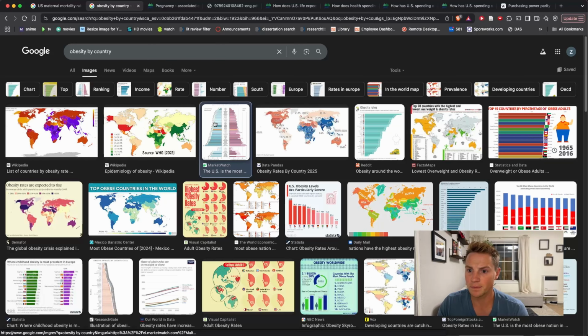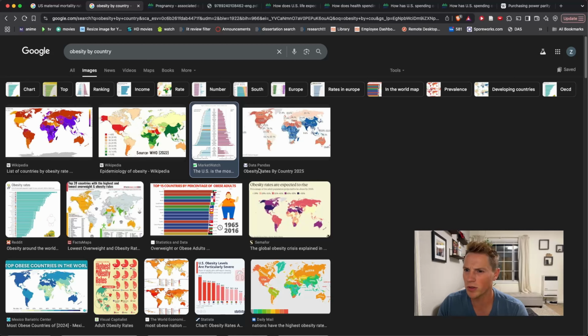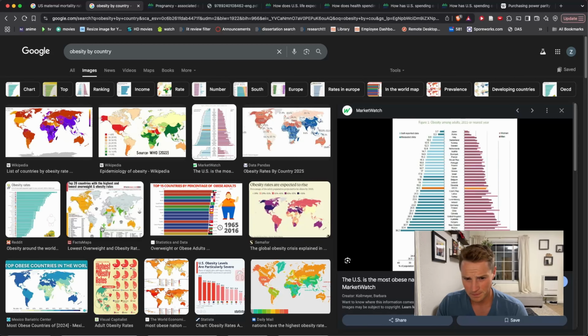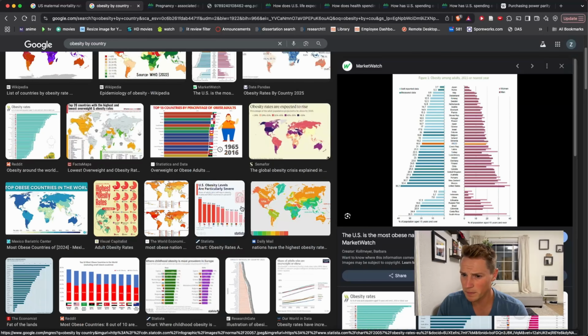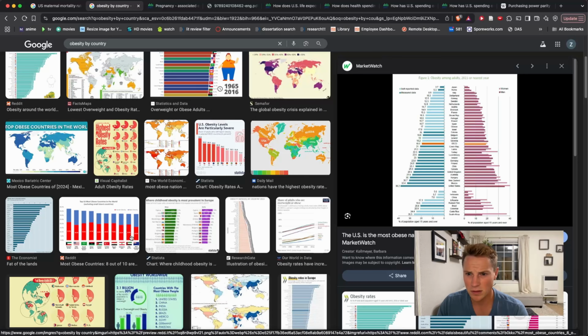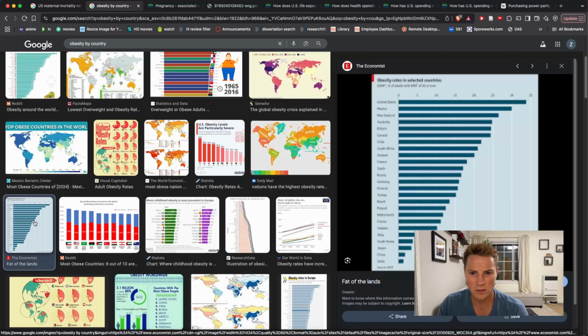Here we are. That's Market Watch. We don't want to use them. Reddit? Nope. Daily Mail. But that's old. The Economist. Fat of the Lands.